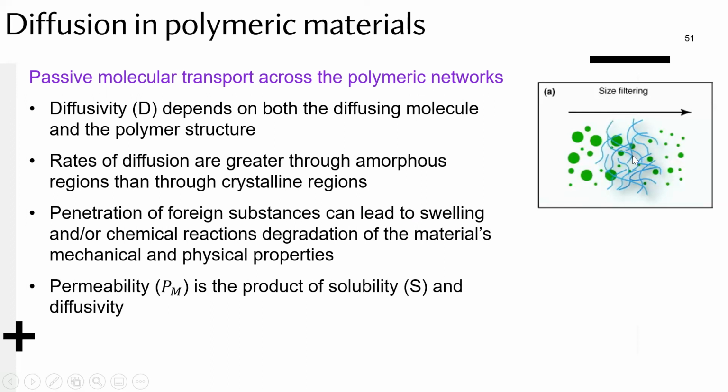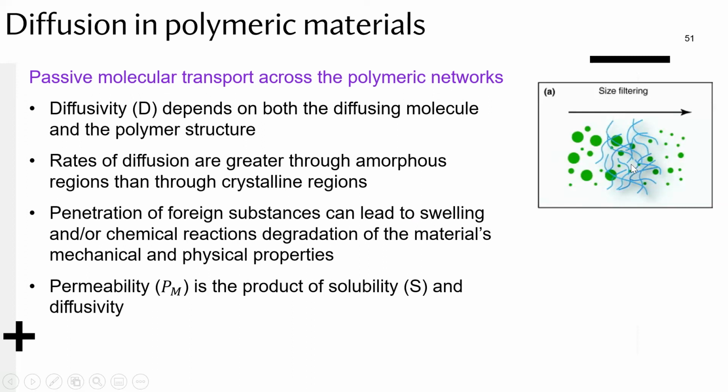The other thing that matters is the polymer itself. If you've got a network that has a lot of pores in it, so these polymeric chains actually have lots of gaps in between, it's going to be a lot easier. If it's cross-linked quite heavily, the stronger the cross-links are, the denser they are, it's going to be more difficult for the molecules to get through.